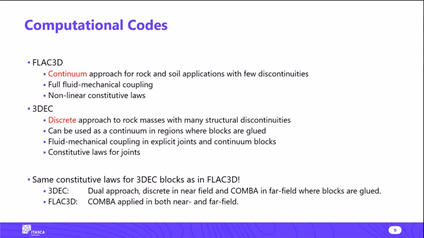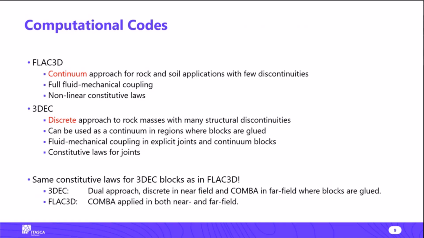3DEC, on the other hand, uses a discrete approach to rock masses, and it allows for many structural discontinuities. But it's important in this context to mention that 3DEC can also be used as a continuum in regions where blocks are glued together. So the two codes use the same constitutive law for 3DEC blocks and in FLAC 3D zones.